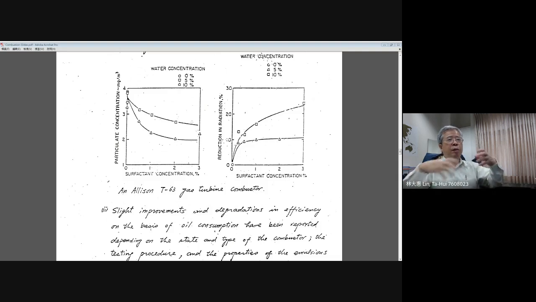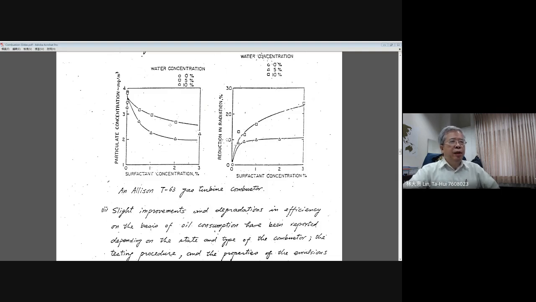Because now if you have some water added into your liquid fuel, that will have a certain degree of micro explosion occur to improve combustion efficiency, and particulate concentration will be reduced. And this curve tells you the trend: when you increase the surfactant concentration as much as possible, they do not give you too much change for the particulate concentration reductions.